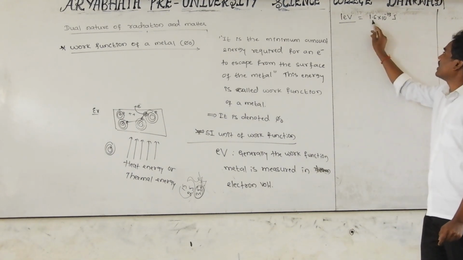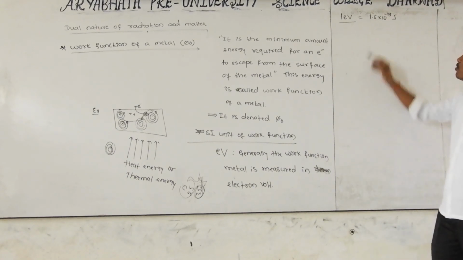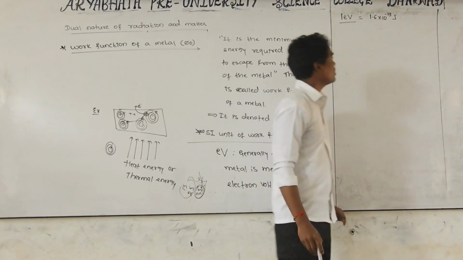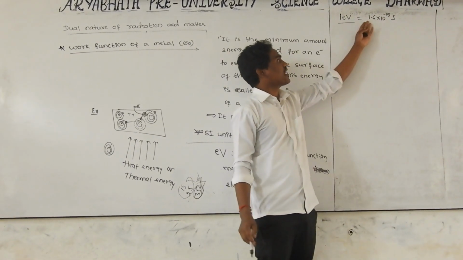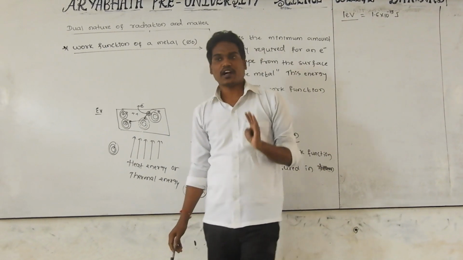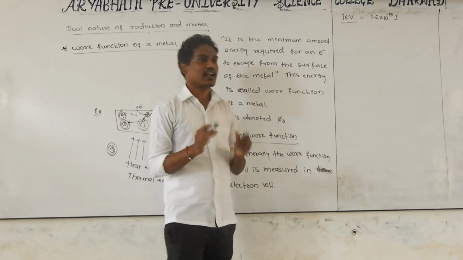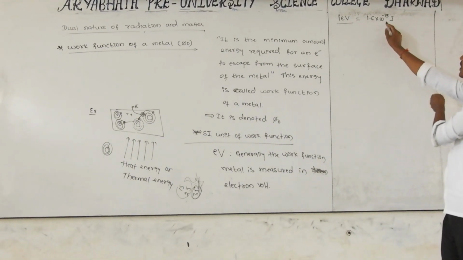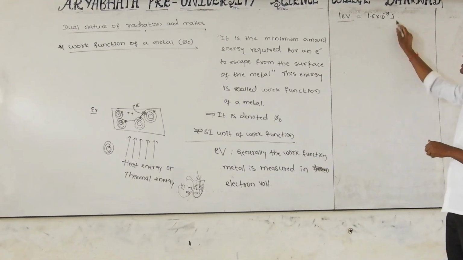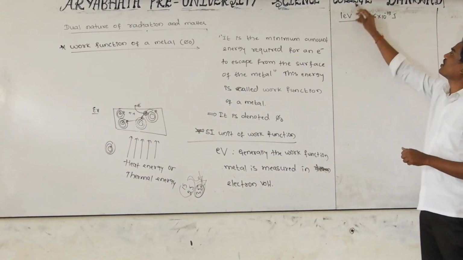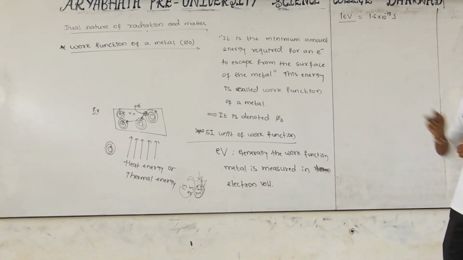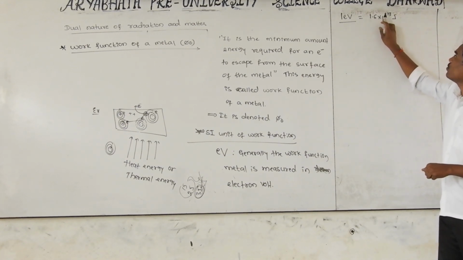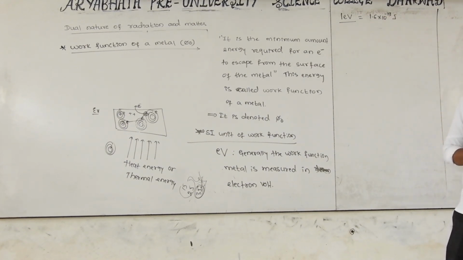The e indicates the magnitude 1.6 into 10 to the power of minus 19, which is the charge of the particle called the electron. The electron charge is equal to 1.6 into 10 to the power of minus 19, and joule came here. That is just a conversion from electron volt to joule.